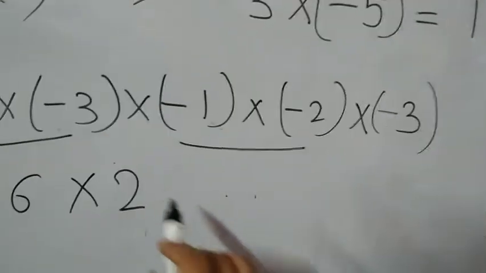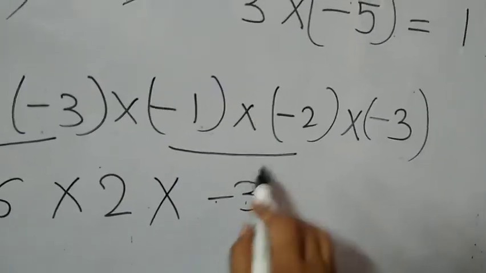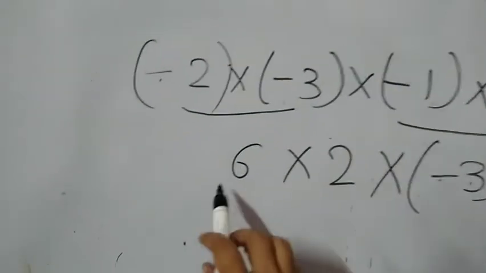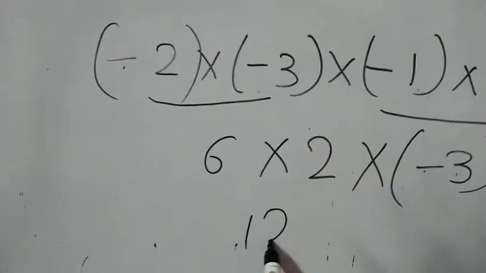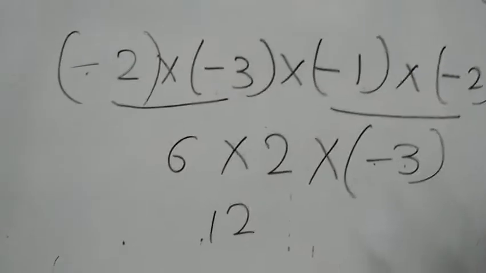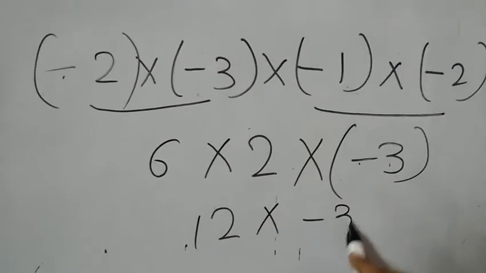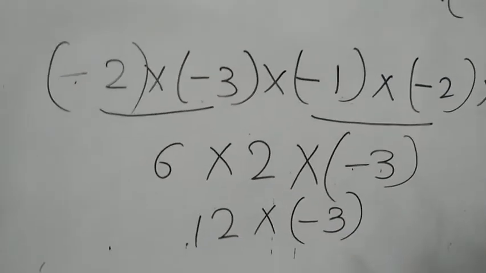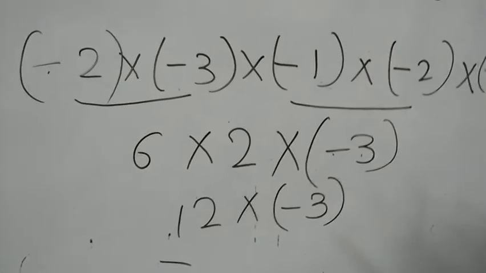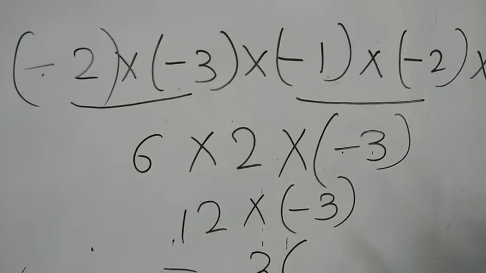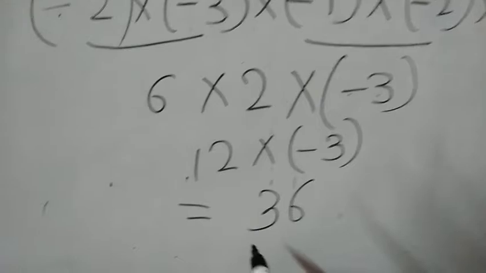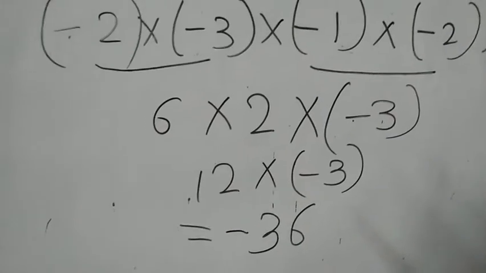And now here minus 3. Now 6 into 2, 12. Both are positive, so the answer is also positive. And here it is minus 3. 12 into 3, 36. Because one number is negative, so the answer is also negative.